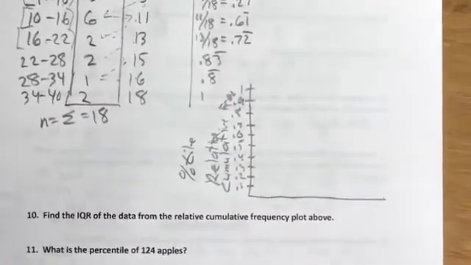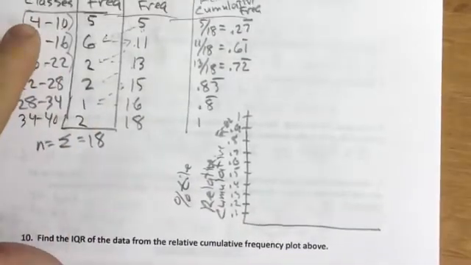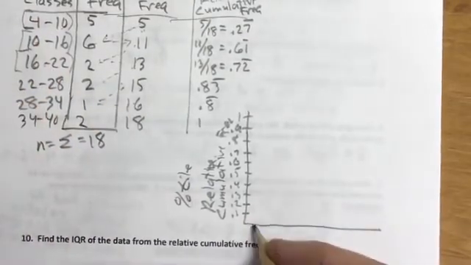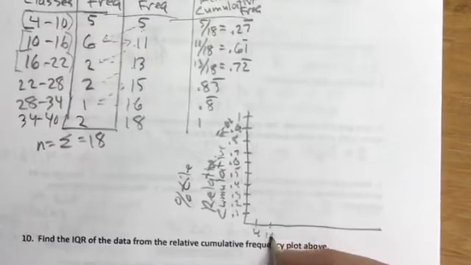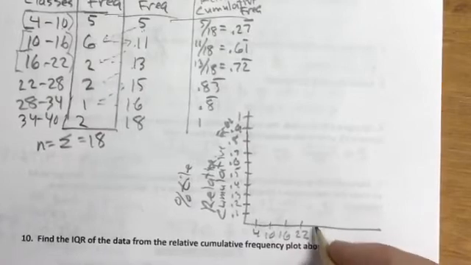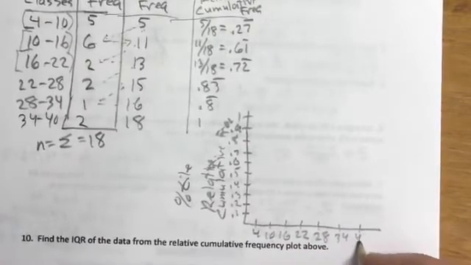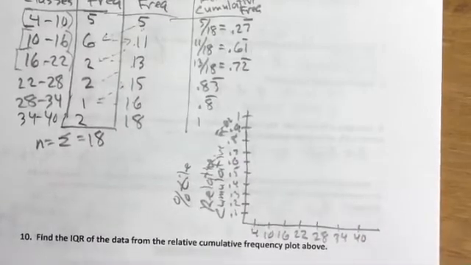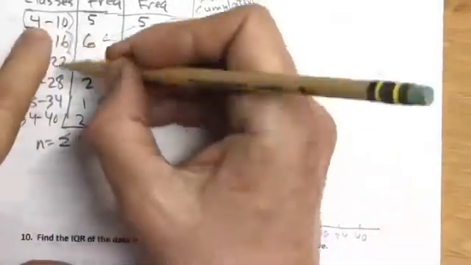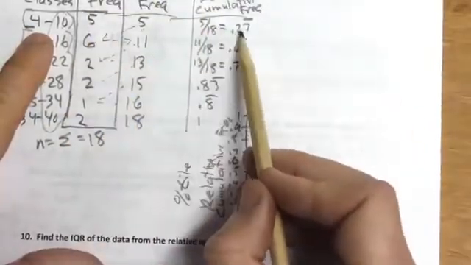And so now what you're going to put on the x-axis is all of your classes. So you're going to put 4 to 10, and then 16, and 22, and 28, and 34, and 40. And then what you're going to graph is on your right sides, on your right parts, you're going to graph that percent.